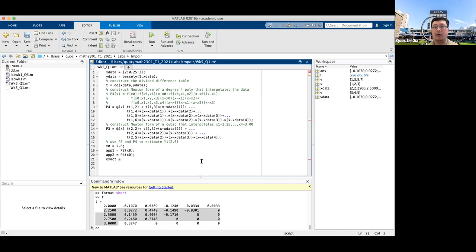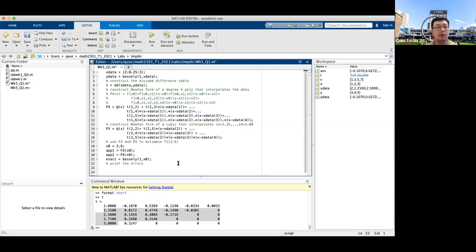It's just Y1 at 2.6, and 2.6 is X0, so we just give it X0. If we want to replace X0 by something else, then we make it like this. Now print out the errors.